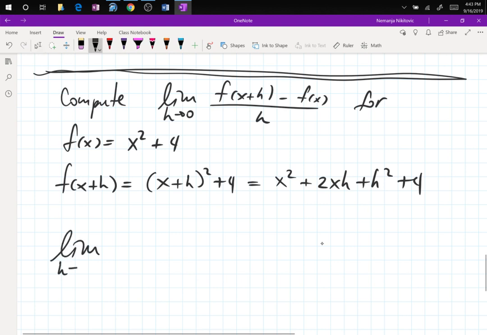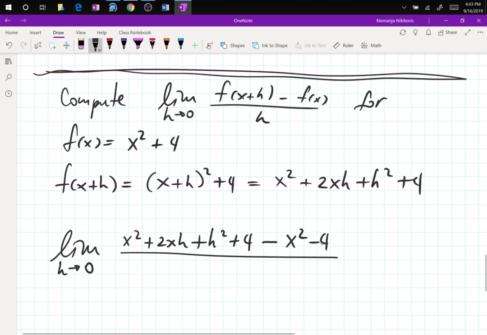So limit h goes to 0 of x squared plus 2xh plus h squared plus 4 minus x squared minus 4, when that minus distributes, divided by h. Remember, this minus will distribute to both of these terms, which is why we get the negative 4 over here.